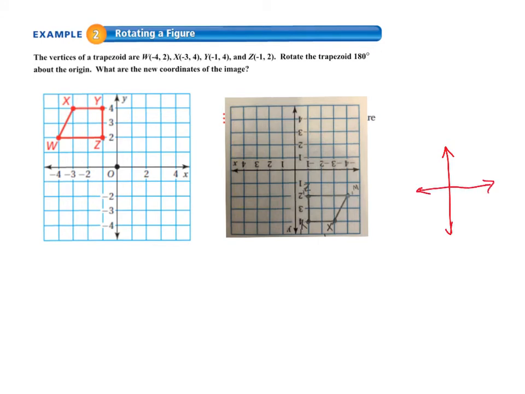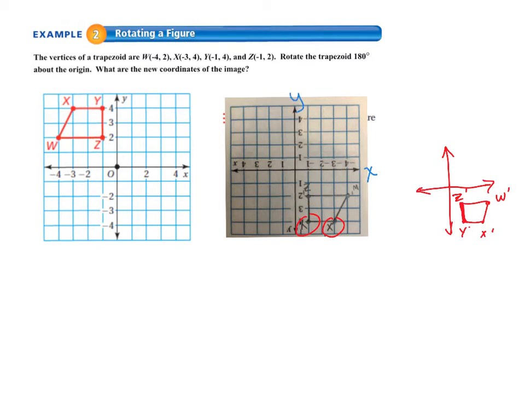And you'll notice that where this ends up, I'm seeing that's X, that's Y, Z goes up here, W goes up here. These are all the images. My trapezoid will look like this. And I see that even when I rotate this, if I'm rotating about the origin, I can even get the points.